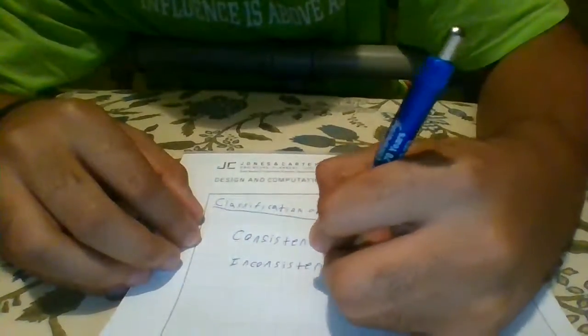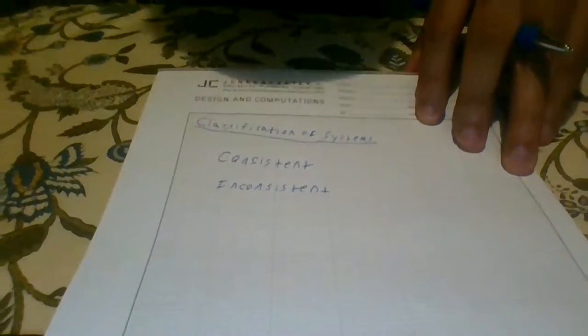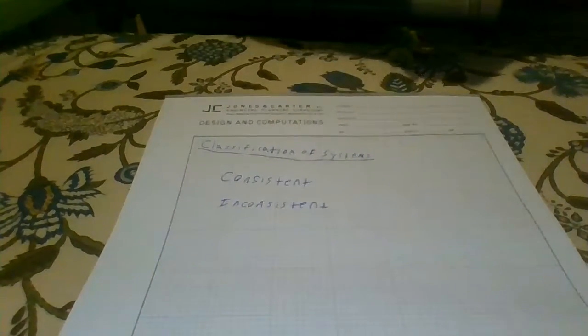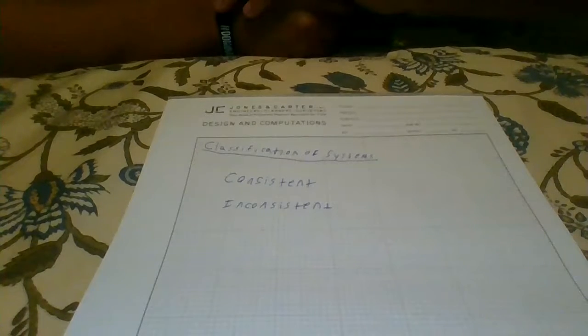Now, remember, we had discussed that there are 3 possible ways to get a solution to a system of equations.